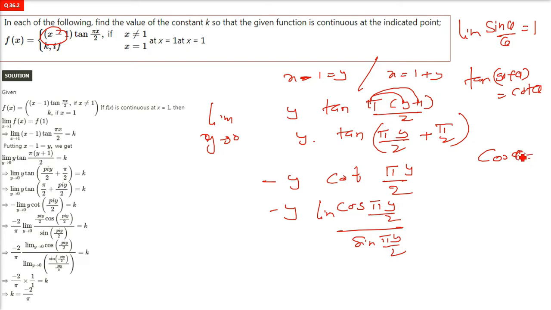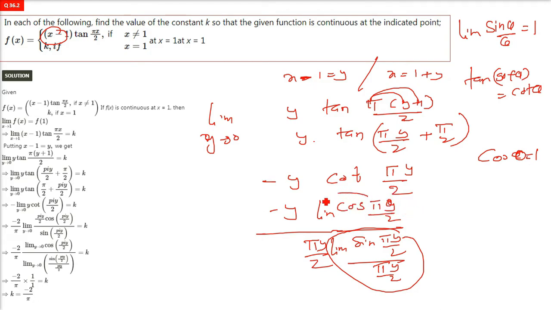So we can apply the limit in the numerator. For the denominator, we will divide it by pi y by 2 and multiply by pi y by 2. This is all going in the denominator. So now we apply the limit. Limit y tends to 0, this is going to be 1, and this also is going to be 1 because cos 0 is 1.